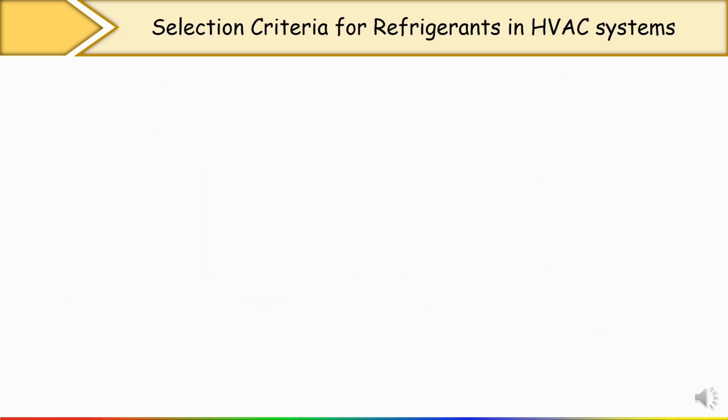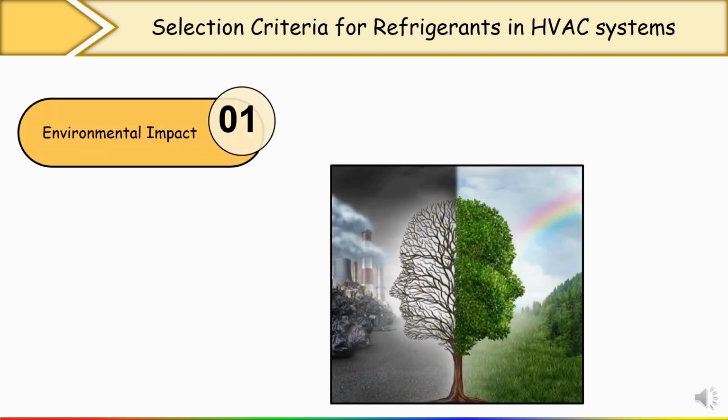Now we'll discuss the selection criteria for refrigerants in HVAC systems. Here I will show you some key criteria to consider when selecting a refrigerant. The first one is environmental impact.